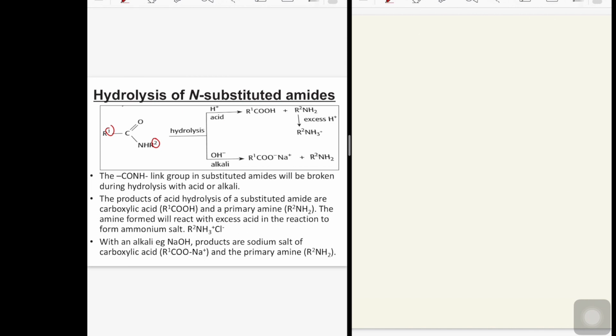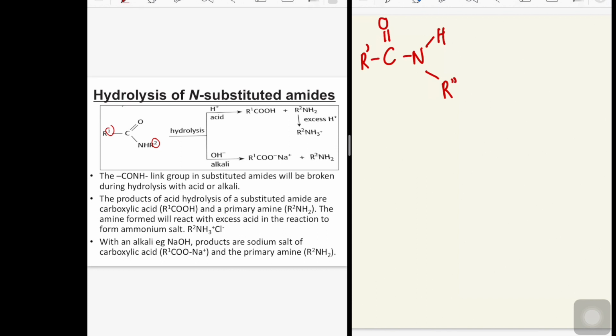It's better that you draw it out, C double bond O, R1 and H, R2, because sometimes students can get confused that R2 means something else. R is a general symbol for an alkyl group.